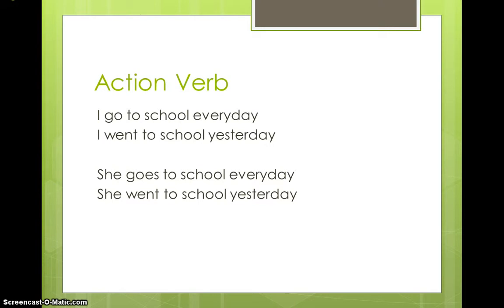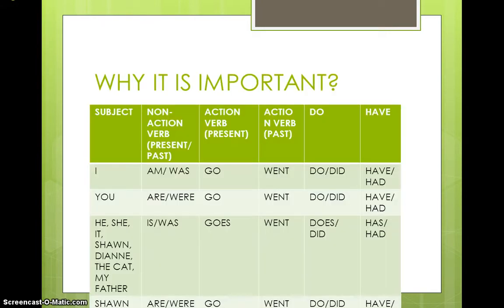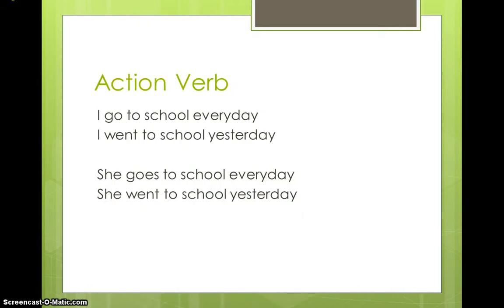Okay. How about she? If you refer to the table, she here, you have to put goes and went. So, if you want to put it in a simple present tense, you say, she goes to school every day.